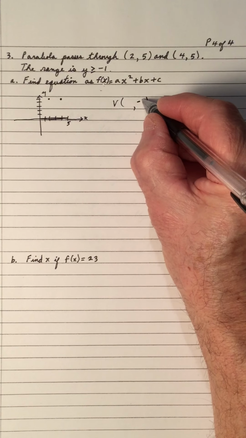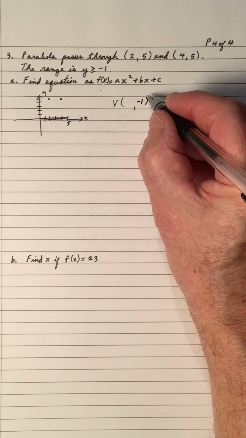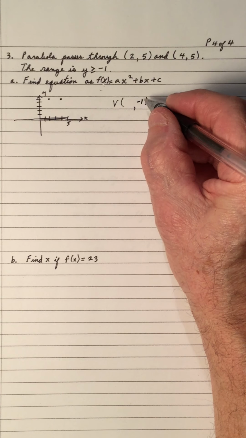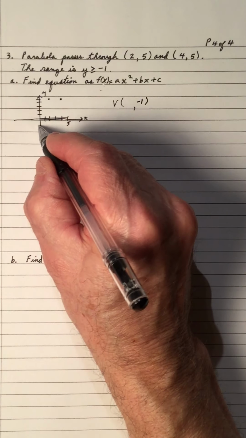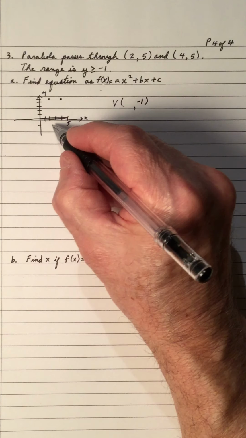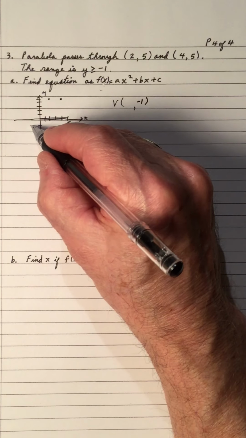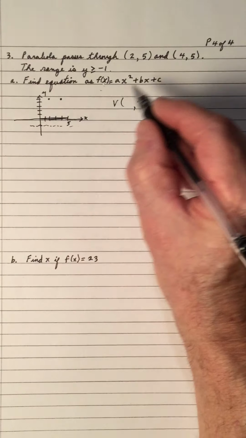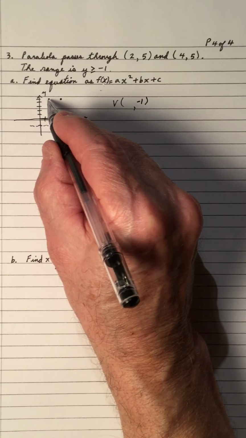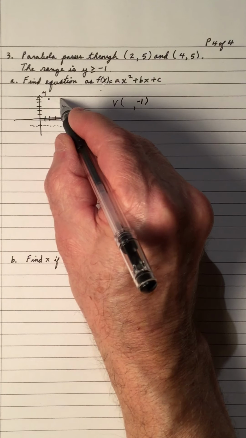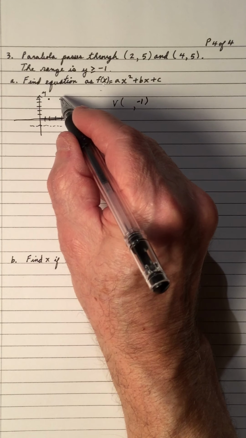That means the y value of your vertex is negative 1, down here along here somewhere.